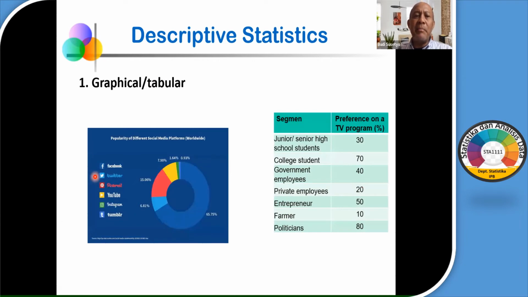This is another example of descriptive statistic, for example, graphical or tabular. This is a table of junior high school students, how many percent prefer a TV program. This is a table, and then you can also use this graphic, a pie chart we call it. So from this table, you can also describe with this pie chart.